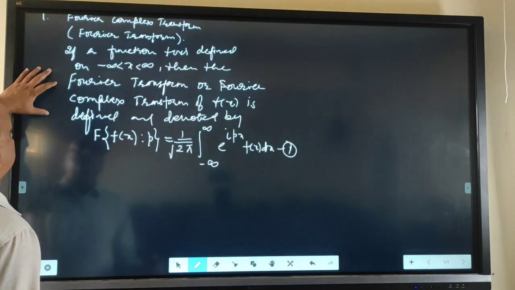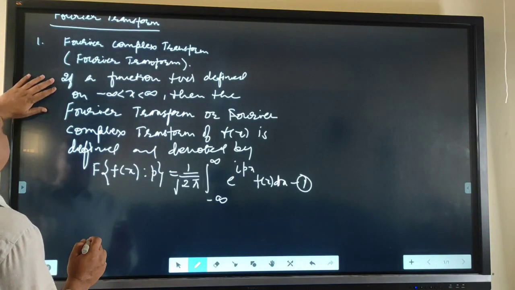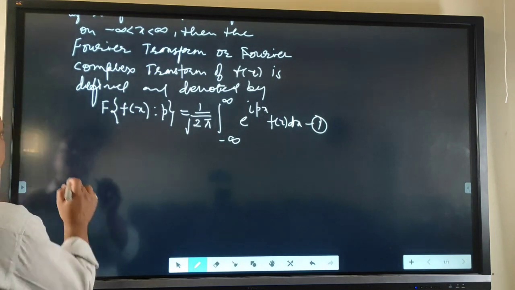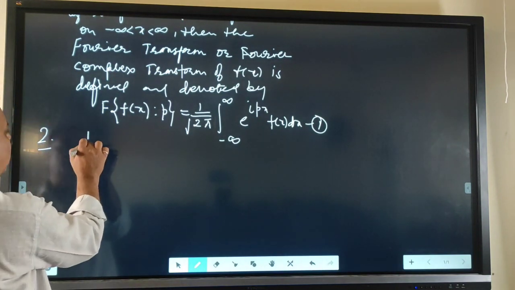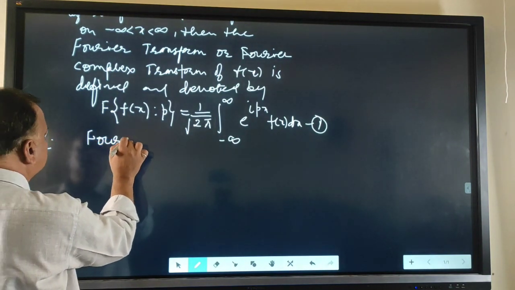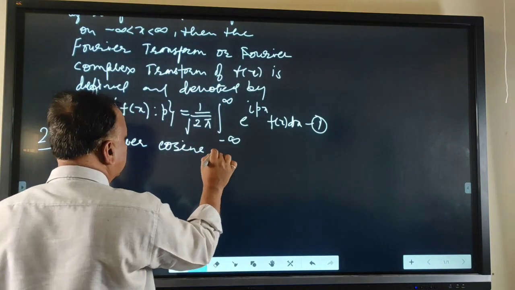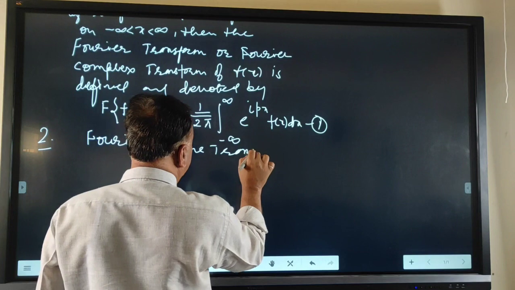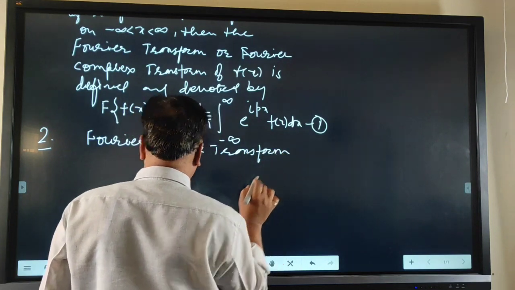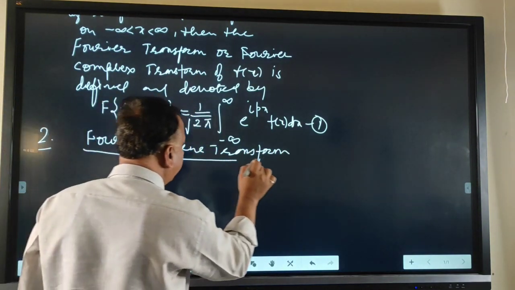Another transformation is known as the Fourier cosine transform.